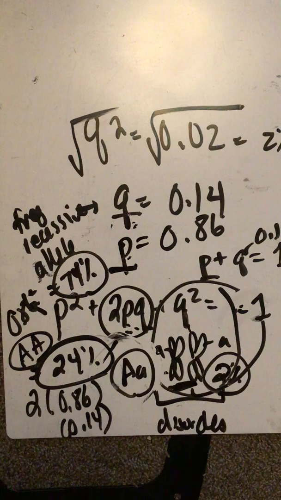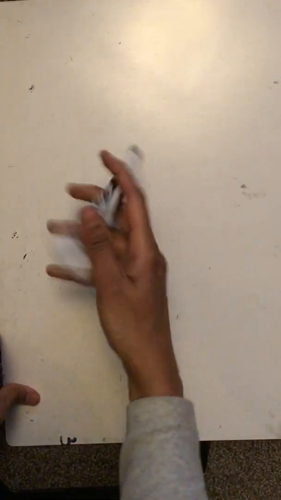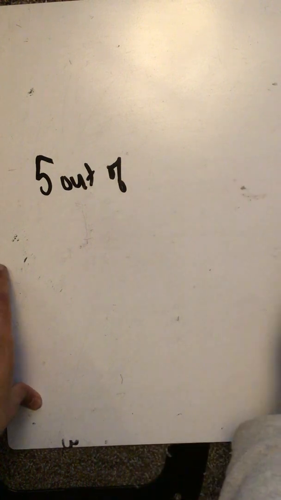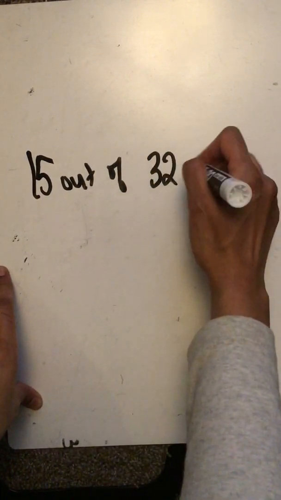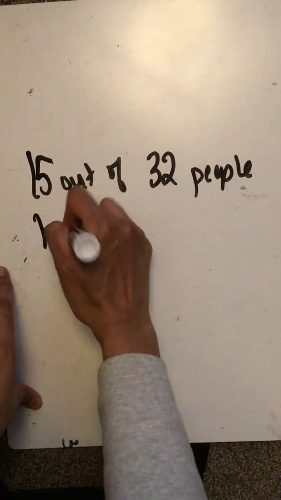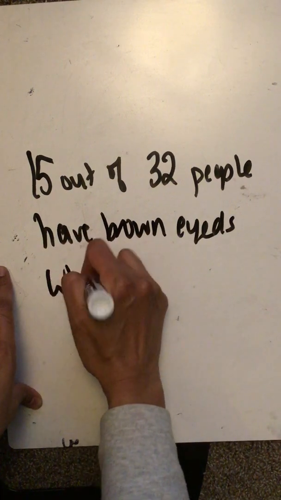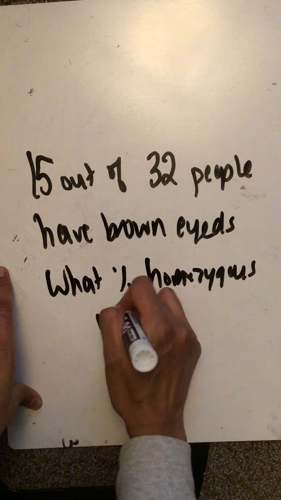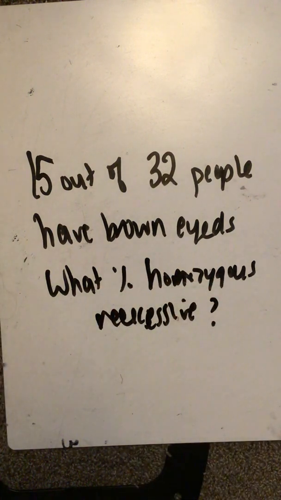Sometimes they're going to trick you. The trickiest ones they're going to give you are like, I don't know, let's go 15 out of 32 people have brown eyes. What percentage is homozygous recessive in this population? Because we're dealing with population genetics.